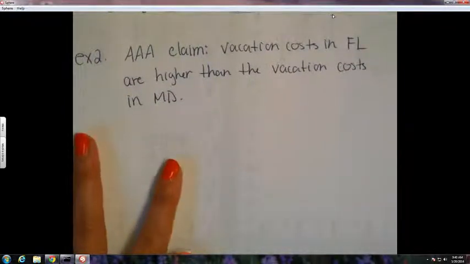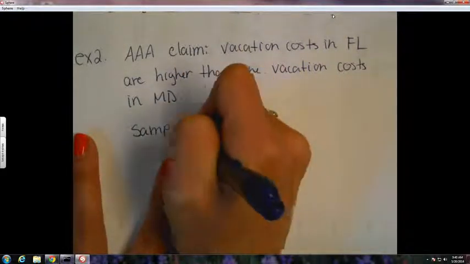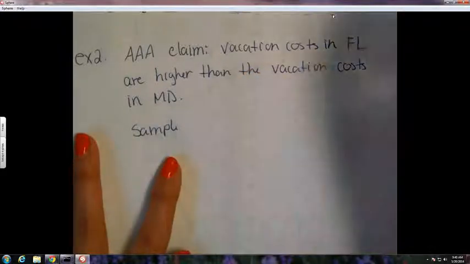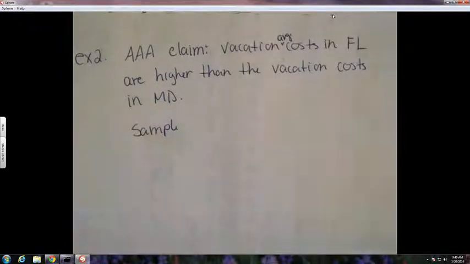And here's our sample data. Average costs in Florida are higher than the average vacation costs in Maryland.